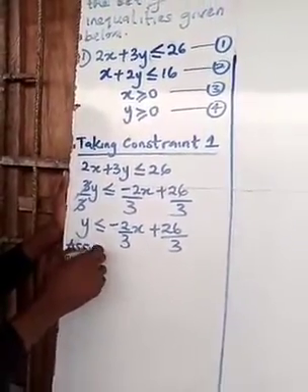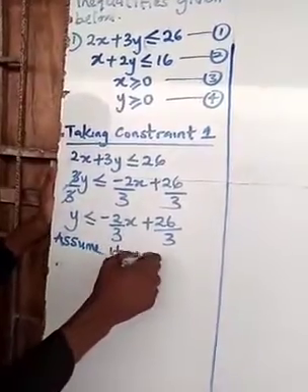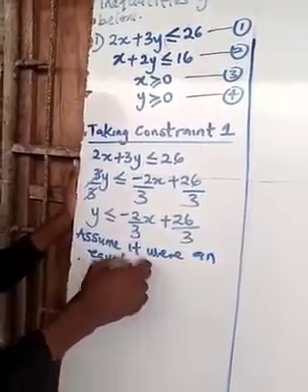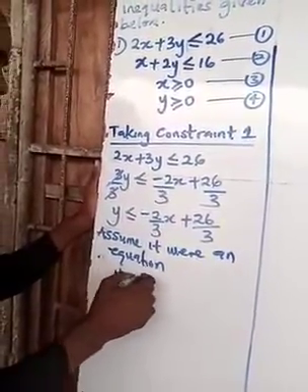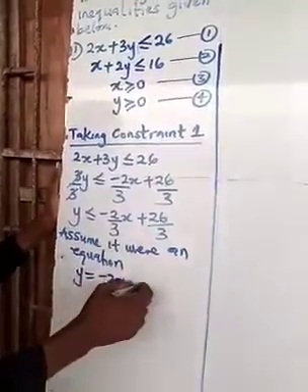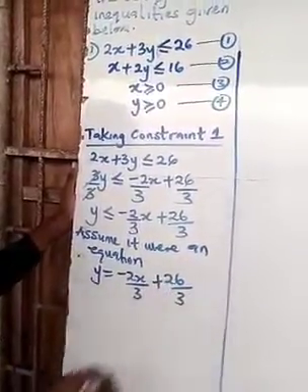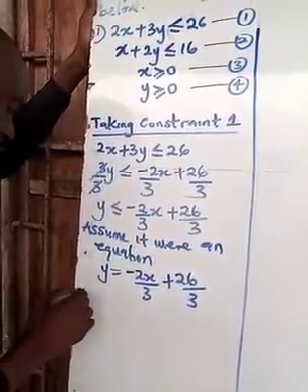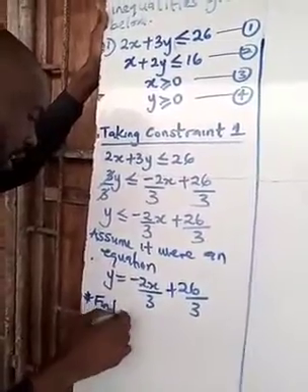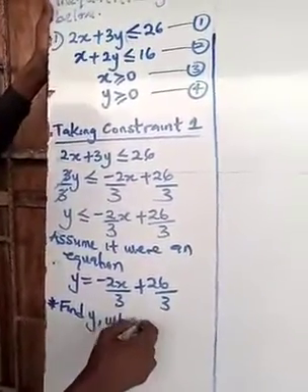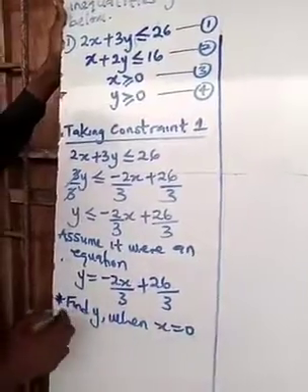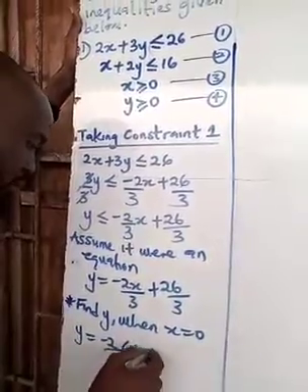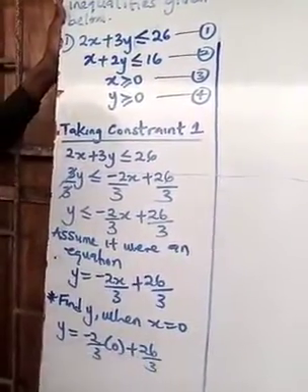So now we assume it were an equation. If we assume it were an equation, we have y equals minus 2x over 3 plus 26 over 3. From here we will now look for y when x is 0 for constraint 1. So we have y equals minus 2 over 3 times 0 plus 26 over 3.